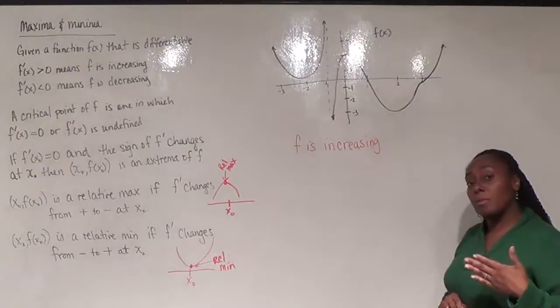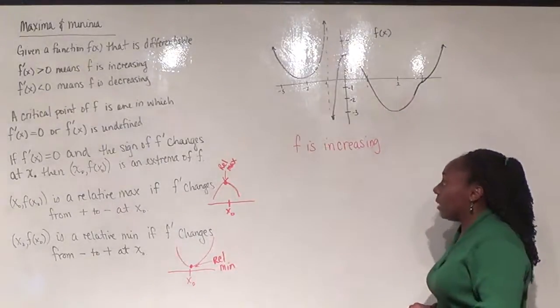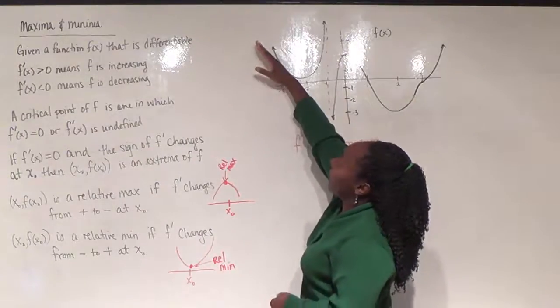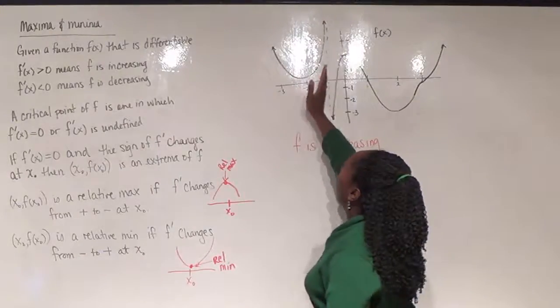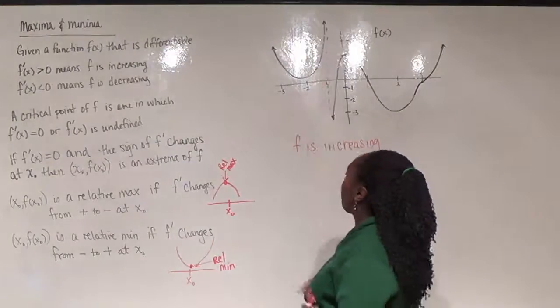Again, derivative being positive means my slope for that part of the graph is positive. If I think of a tangent line in this case, this is going to be a negative slope. And over here, I can see the slope is more positive.